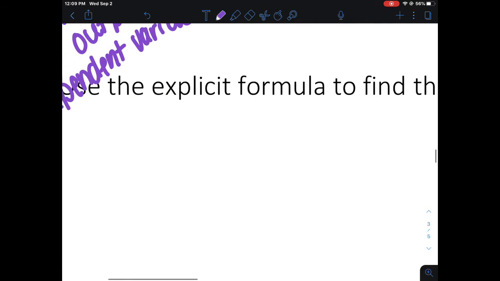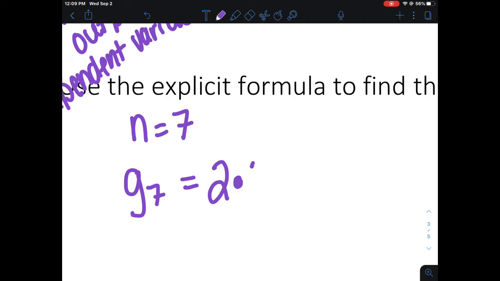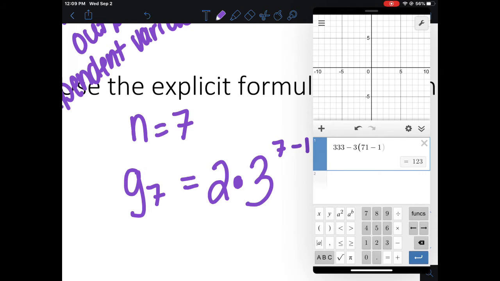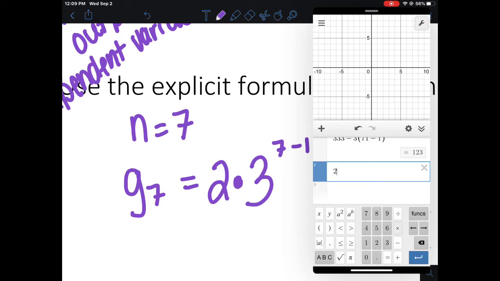So everywhere I see an n, I'm going to plug in 7. So G sub 7 equals 2 times 3 to the 7 minus 1 power. Now, I'm definitely not going to do 3 to the 6th power in my head. That's too much. So I'm going to type this into Desmos.